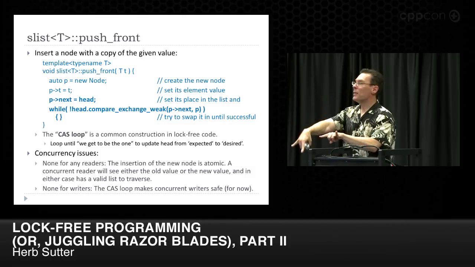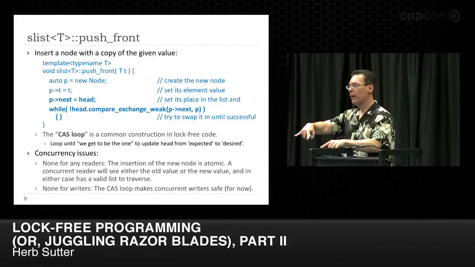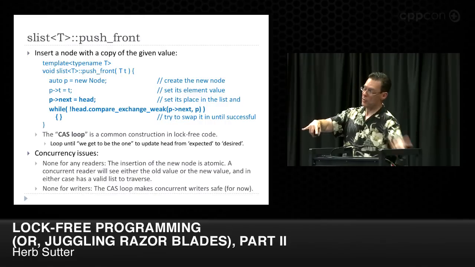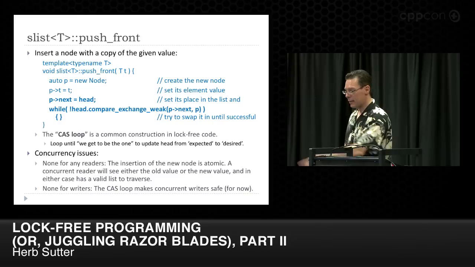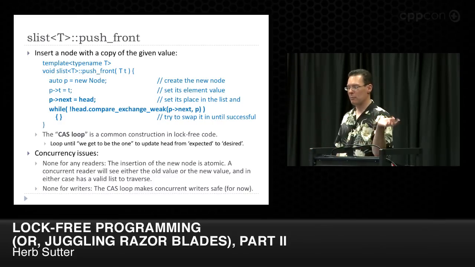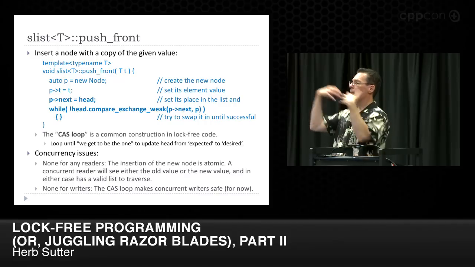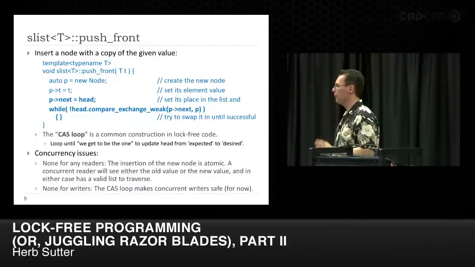It actually updates p next for you, because it knows that probably the next thing you're going to do is reread head. So I already know what the value was. It's not the one you expected, but I'm just going to tell you what it was and save you reading from it again. Actually handy here. So that compare exchange will also reload. It'll do the equivalent of that previous line, p next equals head again, if it fails. And so you just keep on compare exchanging until you succeed. And you swing head from the value you expect to your node, and you're done.